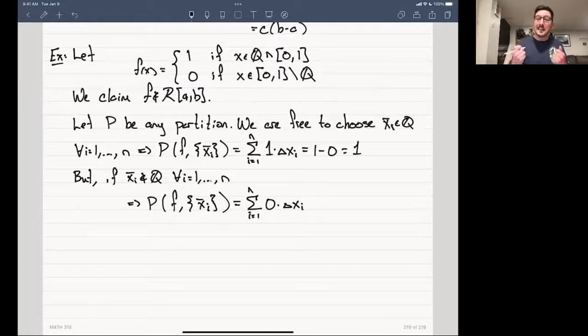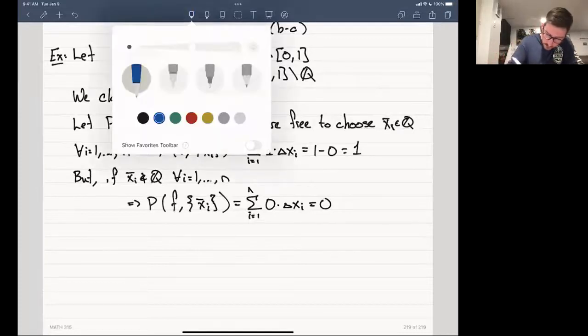Because I'm choosing irrational numbers, all I can see is this function returning 0. And so my Riemann sum is equal to 0, no matter how big or small my partition is. But that means there's no way I can have convergence here, right? We cannot bring both values of the Riemann sums within epsilon of the same number.